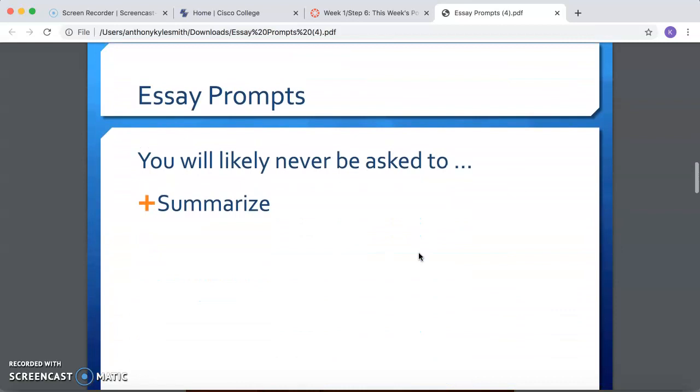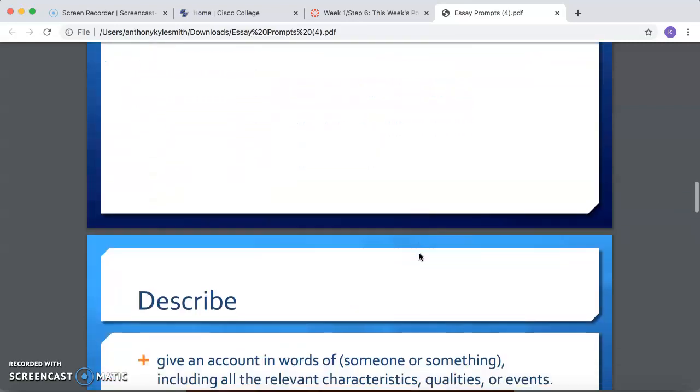What you will probably never be asked to do in a college level essay is to only summarize something, to go into the databases, take other people's ideas, put them in your own words, and boom, you're done. No, it's not about parroting information or summarizing or paraphrasing only, although you will summarize some in your essays, but not through the whole thing. So make sure you're not only summarizing.